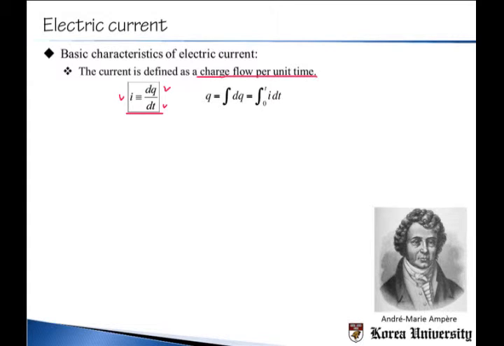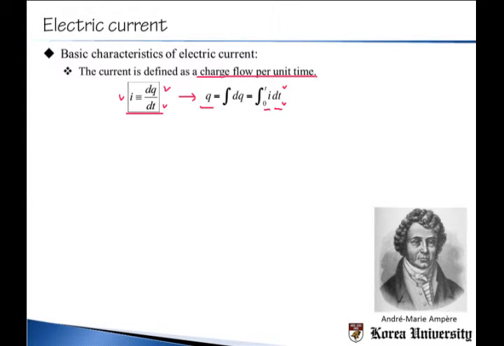Okay, and then we can rewrite this in the integral form. So if you now integrate current with time, then you will get the amount of charge. Here we are integrating over a time period, say from 0 to a certain period of time.